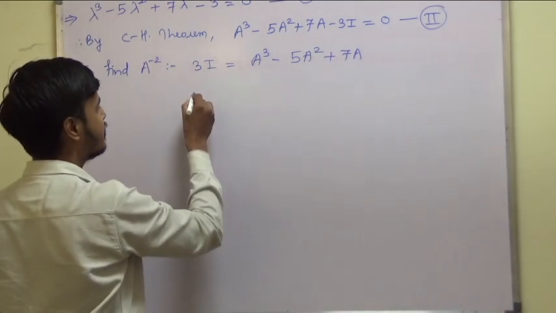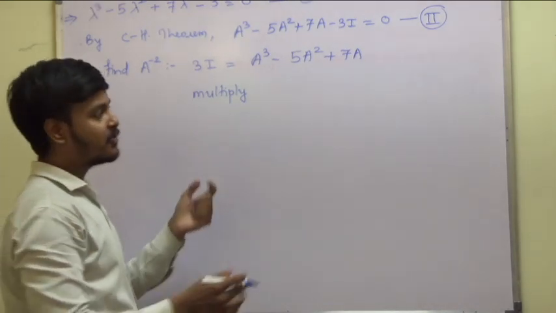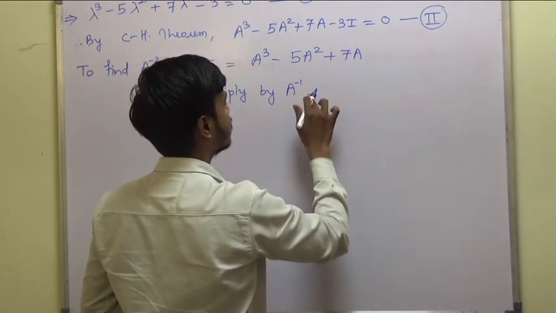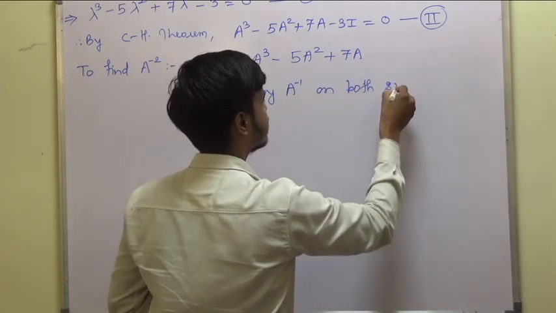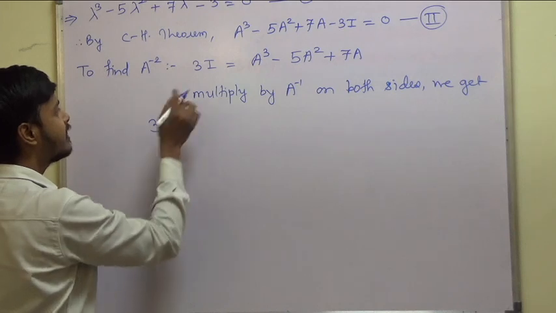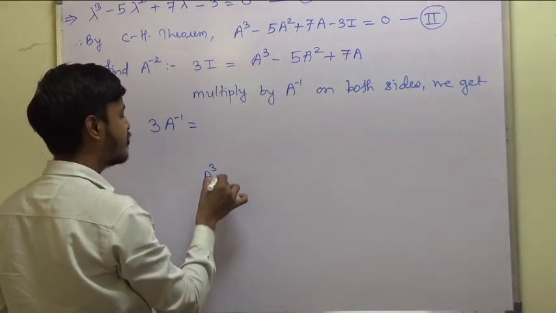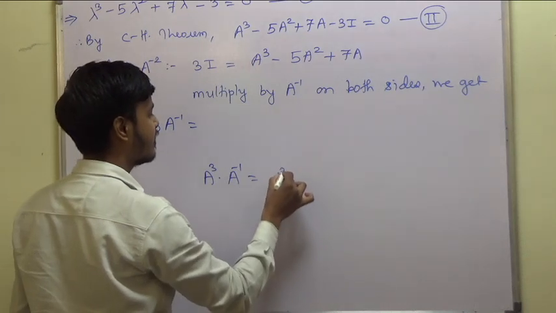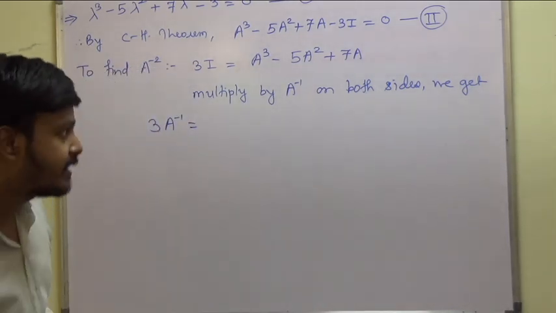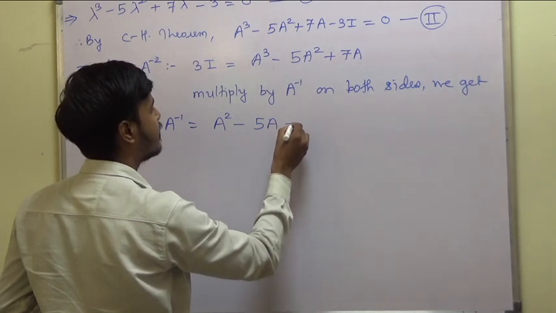Now multiply this equation by A inverse on both sides, as this matrix has a non-zero determinant. So we get 3 into I into A inverse, which is 3A inverse, and A cube into A inverse, which is A cube minus 1, so this is A square. Likewise A cube into A inverse is A power 2 minus 5A plus 7.